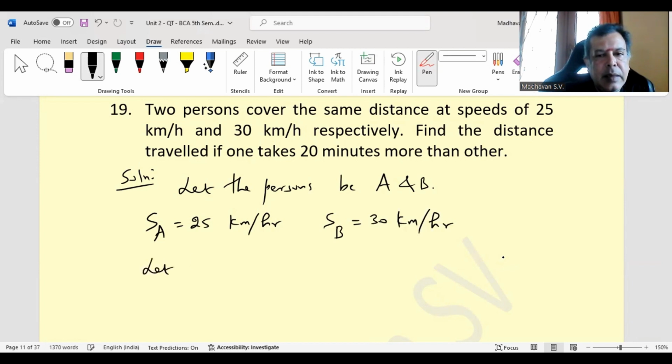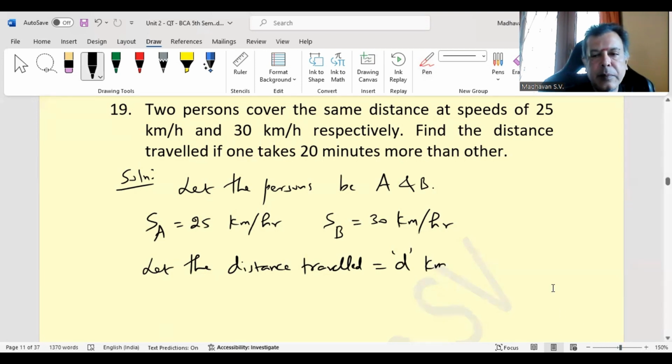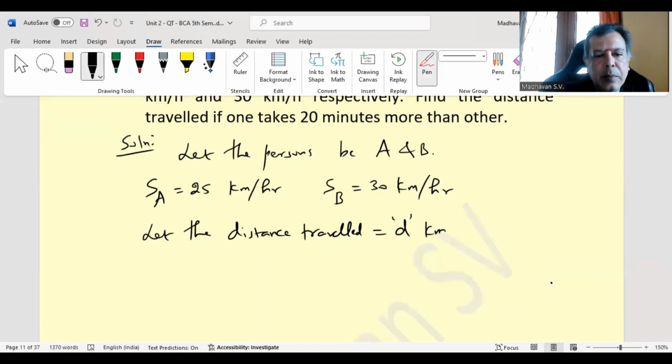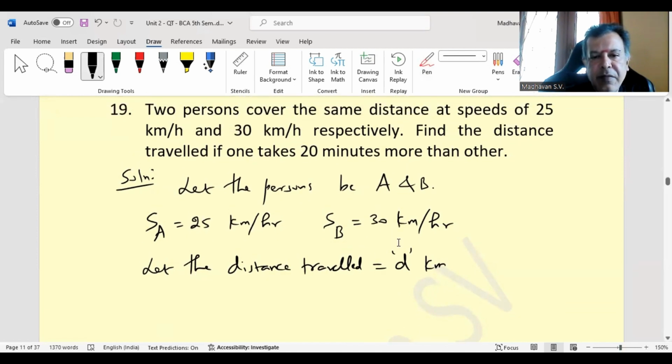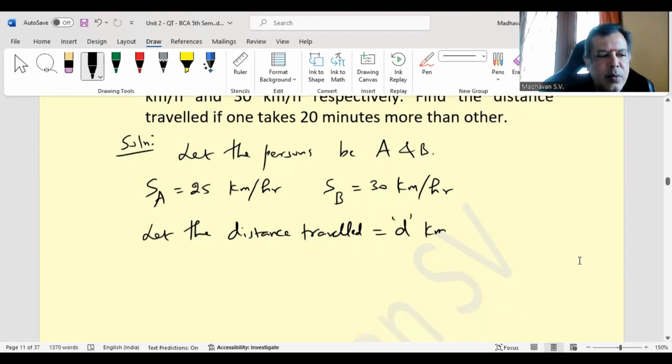Let the distance traveled equal to D kilometer. Now, the one who is going fast, or speed is more, is B. So that means one takes 20 minutes more than the other means A is taking 20 minutes more than B. That is what it is.